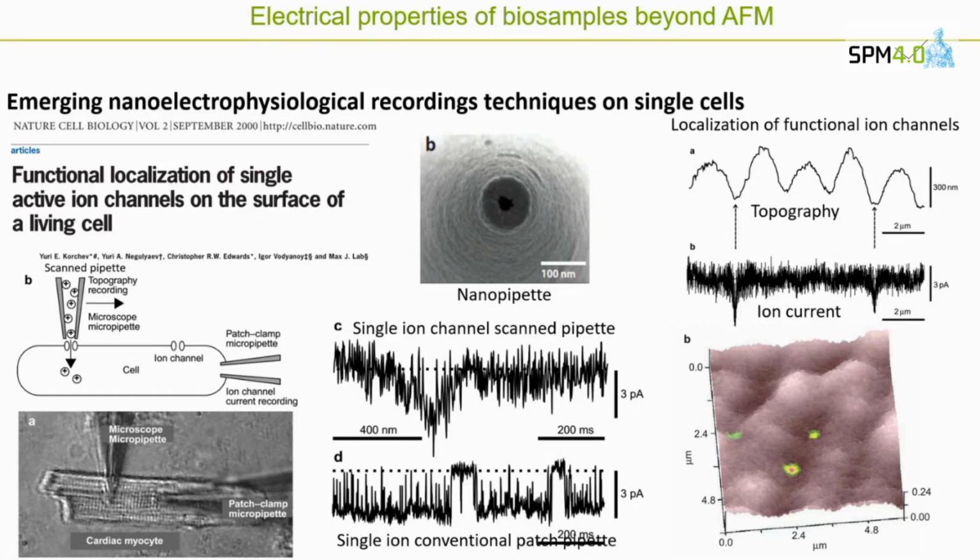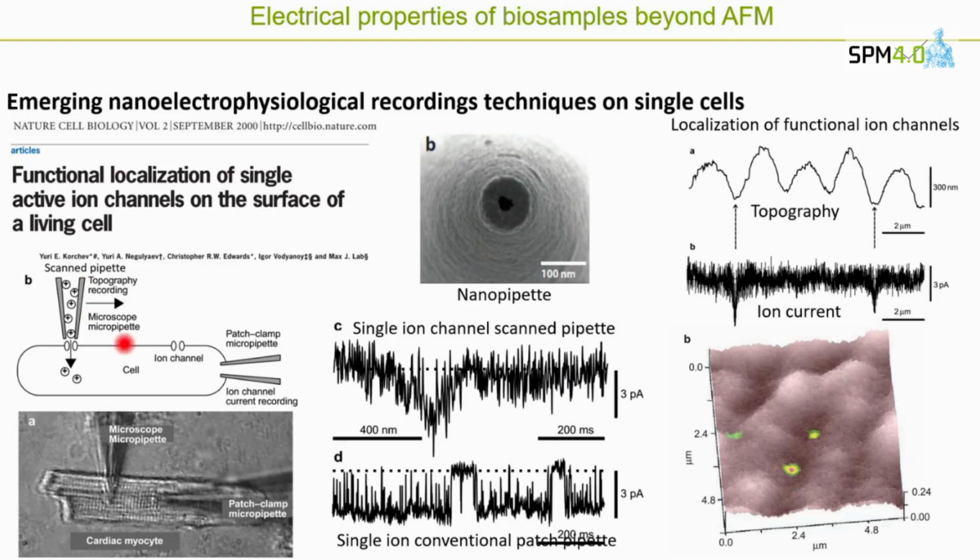Normally, you don't need to touch the cell, okay? So this increases the resistance. Then by measuring the resistance, you can make topographic images of the cells like we do with the AFM. So scanning ion conductance microscopy is an alternative scanning probe technique that can be used to take topographies of living cells, for instance. It has some issues, but it is a technique that is there.